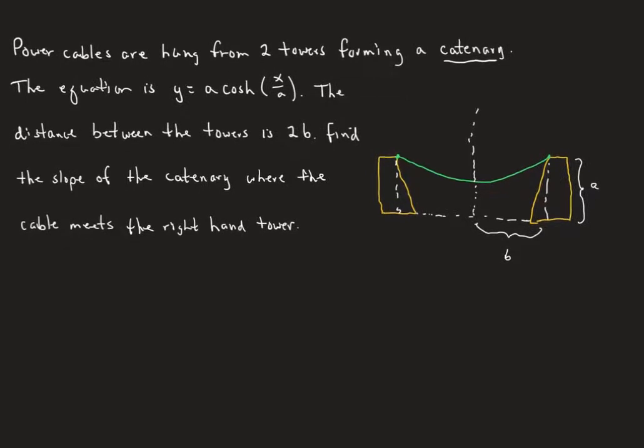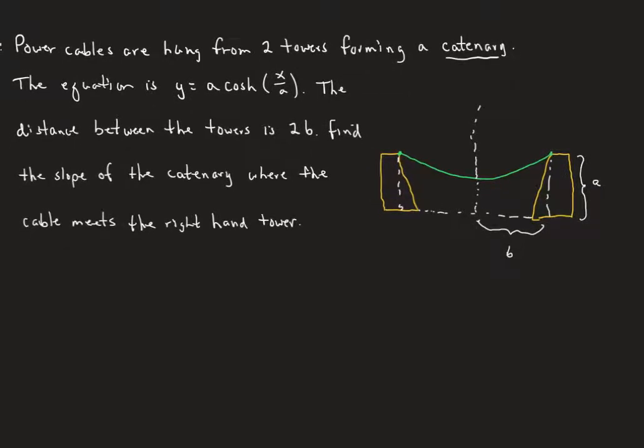This is, I think, really the most compelling reason to talk about these that I'm aware of, and it's kind of specialized, but power cables. If you see power lines as you drive along the road, because of gravity, the cables, the wires, the power lines kind of hang down a little bit.